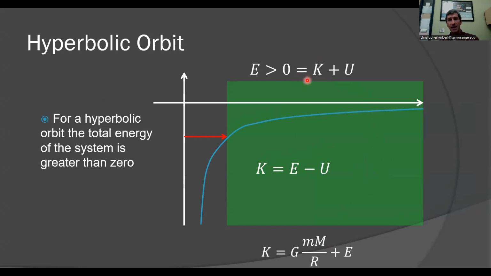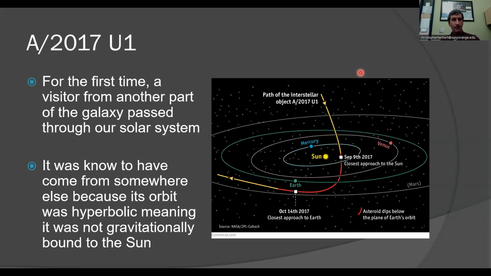For hyperbolic orbits, the total energy exceeds 0, or is greater than 0. So our kinetic energy is greater than the absolute value of the potential energy. And as you keep adding more energy, the hyperbola just becomes flatter and flatter and more eccentric.